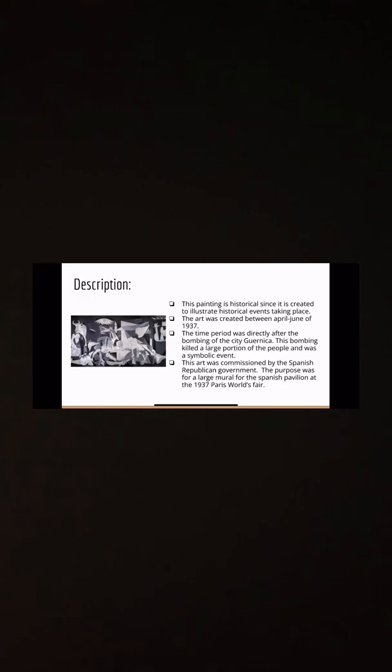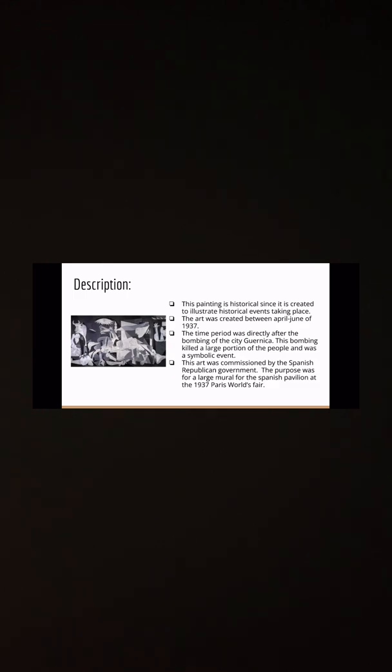Description Part 3. This painting is historical since it is created to illustrate historical events taking place. The art was created between April and June of 1937. The time period was directly after the bombing of the city Guernica.